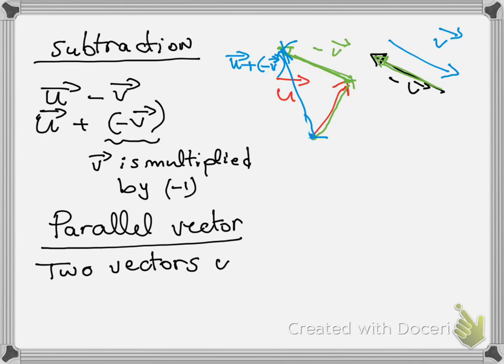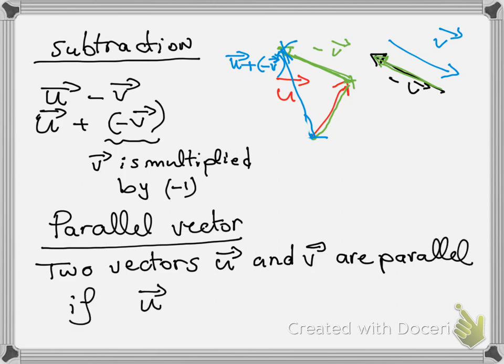So two vectors u and v are parallel if u can be written as a number c times v, where c is a real number.